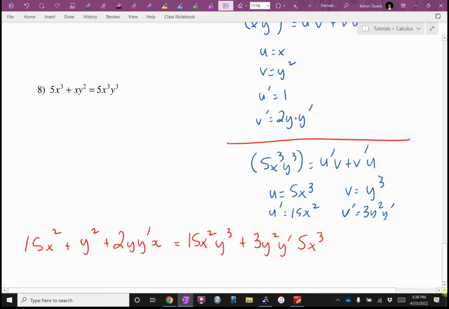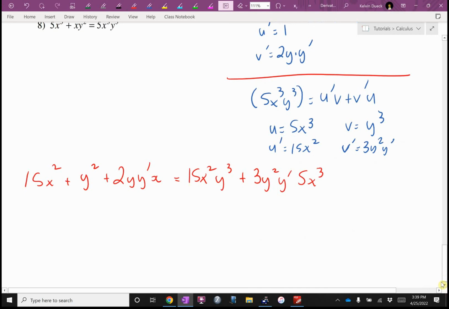Let's tidy up coefficients and stuff. Really, the one that I see that can be tidied up is the 3 times 5, which is 15. So this can all be written as 15, that term's good, that term's good, that looks okay.